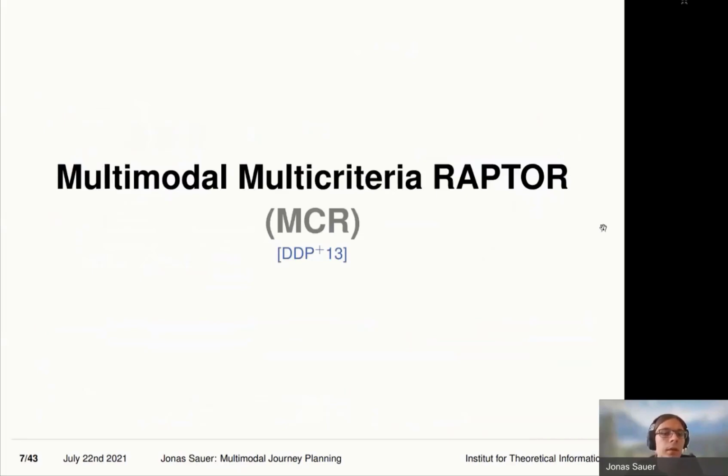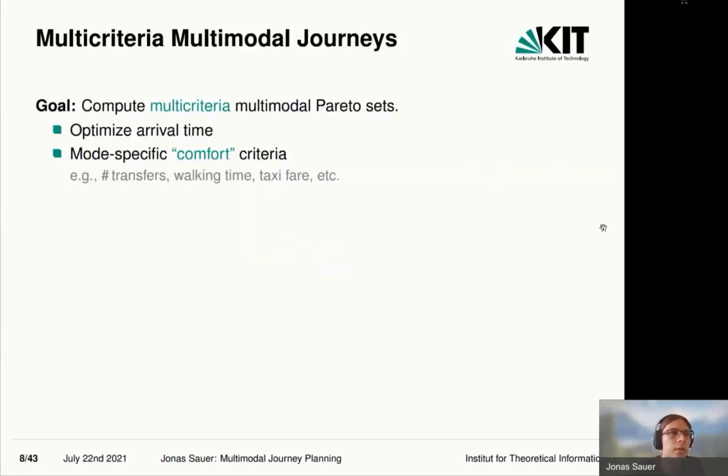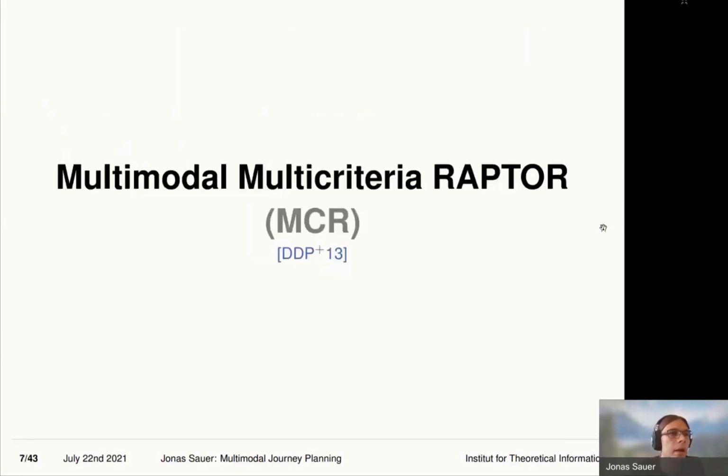So we're going to be going back to the Raptor algorithm, and now we're going to be looking at a multimodal extension of it, and we're also going to be looking at multi-criteria optimization. And the entire algorithm is called MCR, which stands for Multimodal Multi-Criteria Raptor.